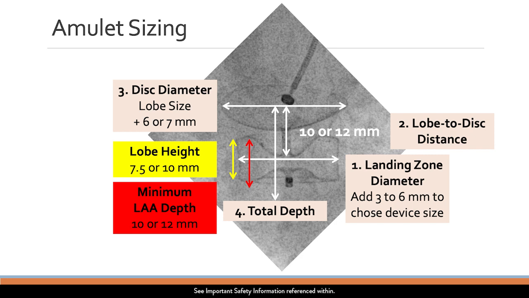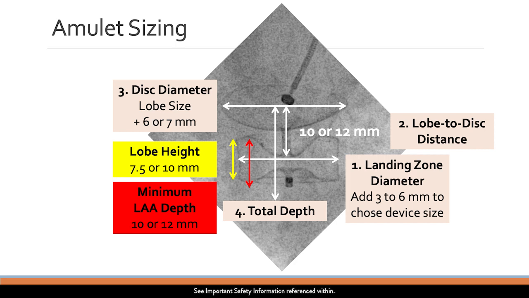So this is the landing zone diameter, which is what we measured in order to fit the lobe with appropriate compression. Then this is the lobe to disc distance, the 10 to 12 millimeters. That's the first measurement, the orifice, essentially the relationship to the disc size, and finally total depth.